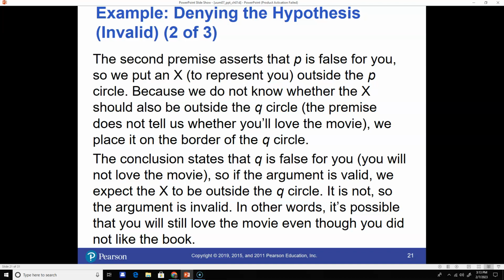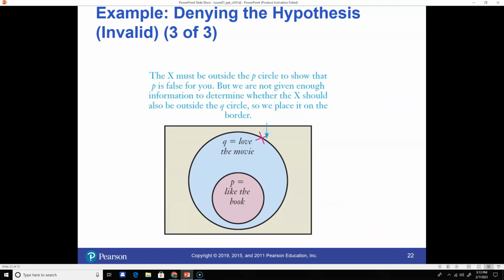So, the second premise asserts that P is false for you, so we put an X outside the P circle. Yeah, so we're going to see the Venn diagram here in a second, and then we'll think in terms of that. So, again, we have the people that love the movie, then we have the people that like the book. But in terms of the people that show that P is false for you.